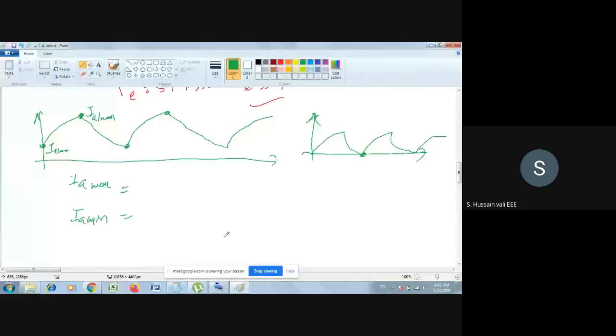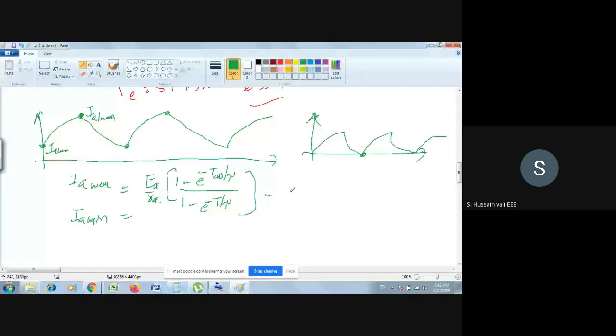IA max is equal to EA by RA, into 1 minus e power minus T on by tau, divided by 1 minus e power minus T by tau, minus EB by RA.